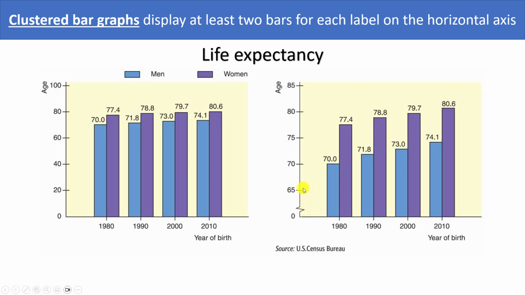And then we go all the way up to 65, and then we're going up by 5, 70, 75, 80, 85, here on this one on the right. Now they're displaying the exact same information, right? 70, 77.4, 71.8, 78.8. But the difference is just the view of the graph and what it looks like visually to us based on the changing scale on our vertical axis in this case.